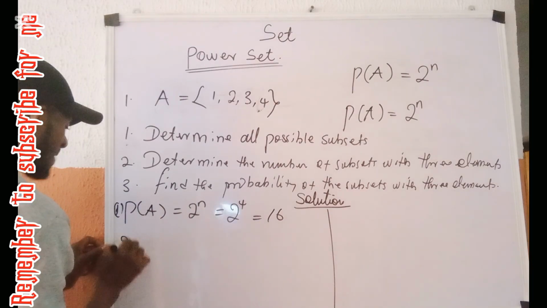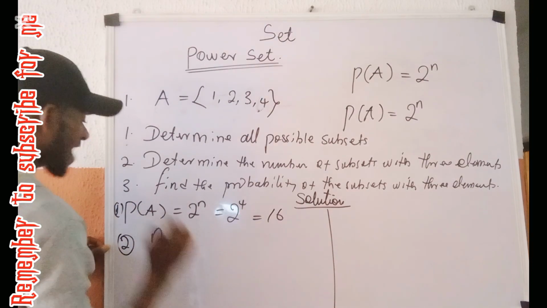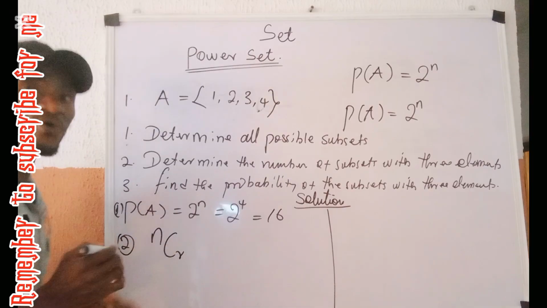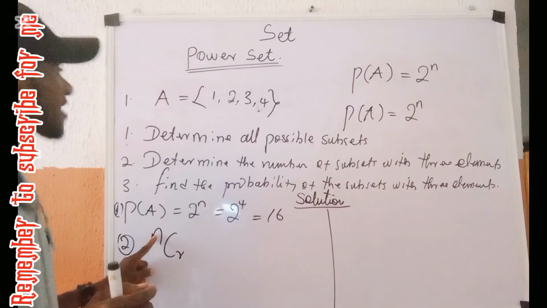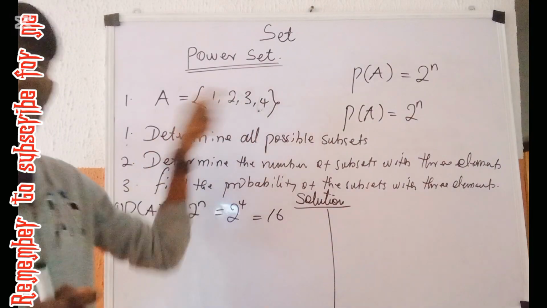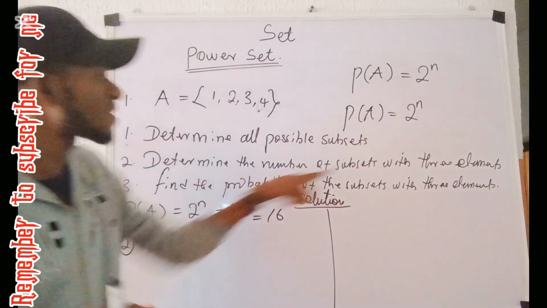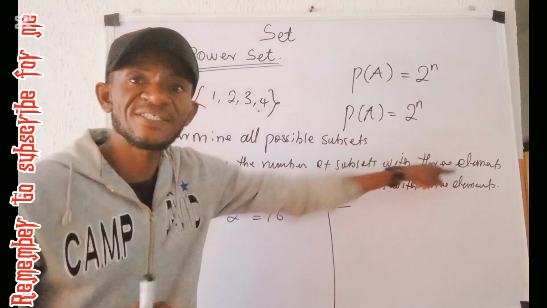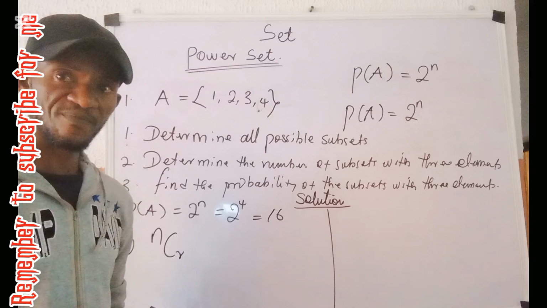We are going to talk about number 2. We talk about n combination r. Of course, n here stands for the number of elements. But r here is talking about the number of elements in the subset I'm going to form.